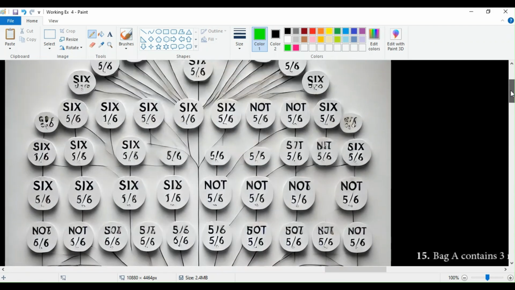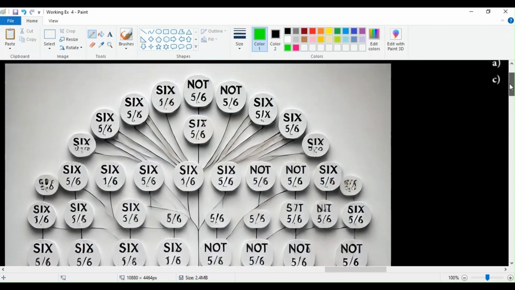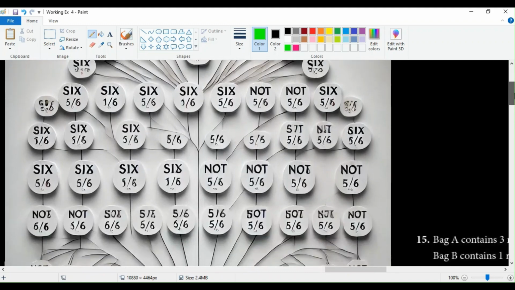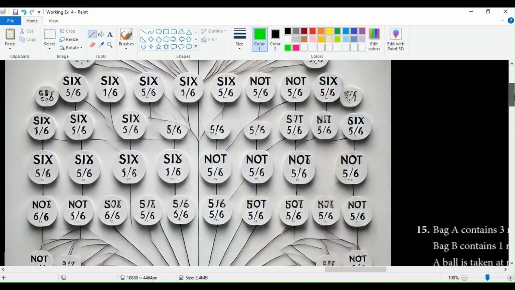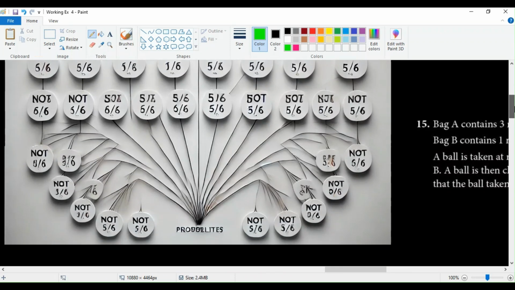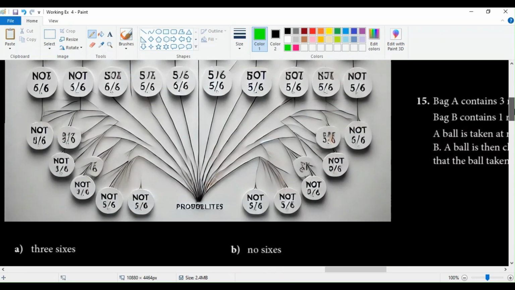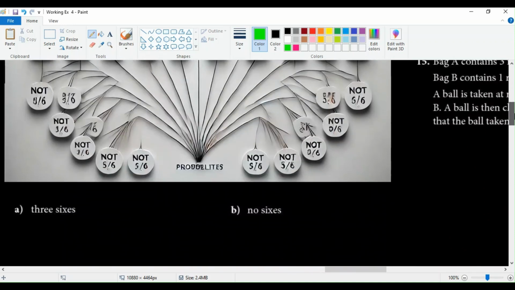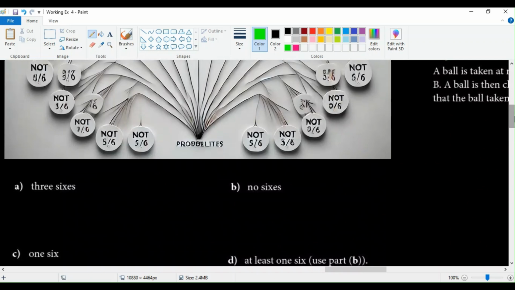So this is the tree diagram. You can pause the video and see how we get a 6 and how we don't get a 6. Every possibility is there. You can pause the video or make it slow, take a screenshot and get this done. Now, to find the answer for question number 6, three sixes, how can you get three sixes?